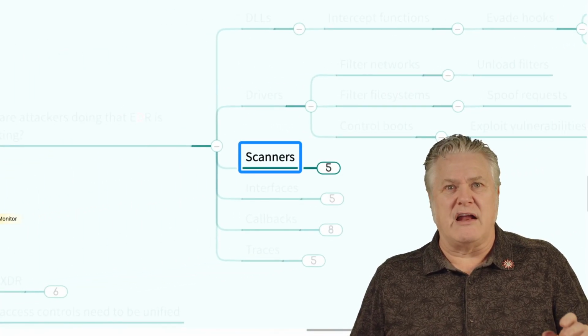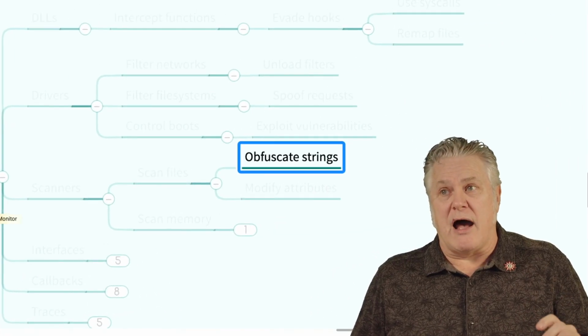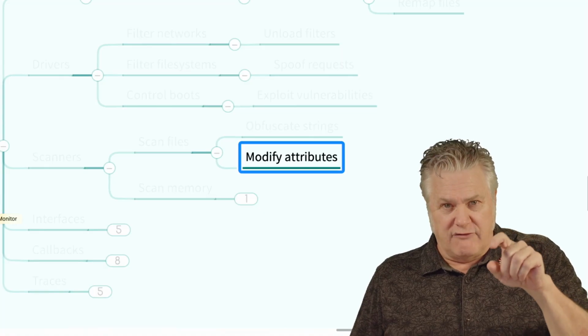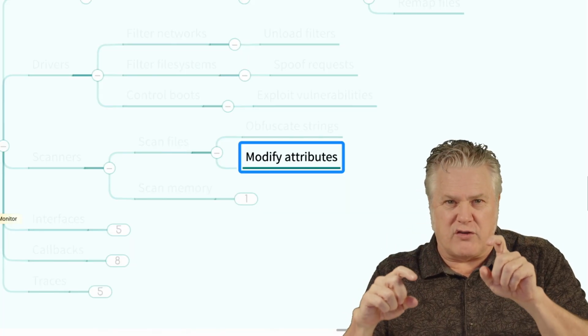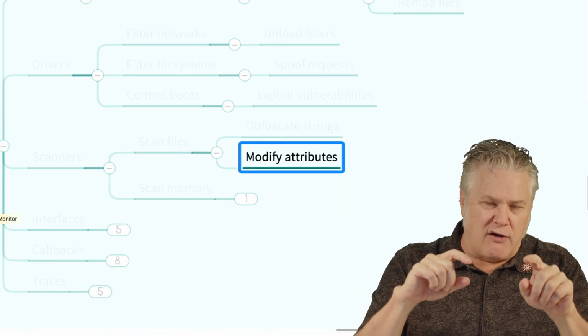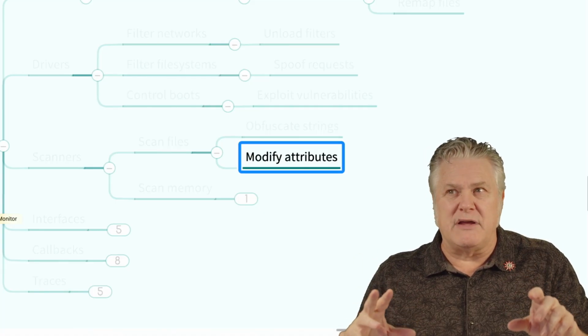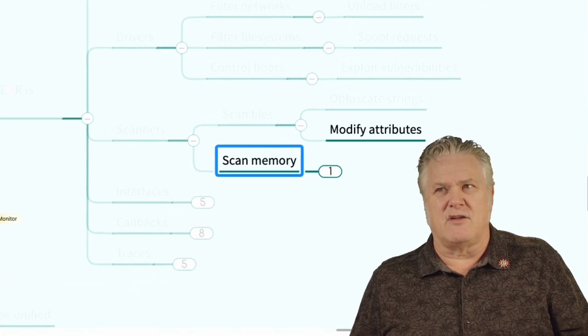On the scanner side of things, we're going to scan files for things like obfuscated strings and modified attributes. If you right click on a file and you say properties, there are those boxes where you can turn on read, turn off read, make it an archive bit or something like that. Those attributes, adversaries play around with that stuff.